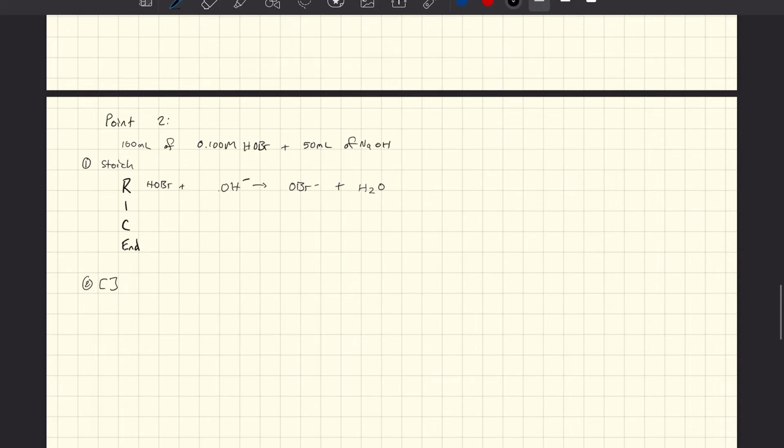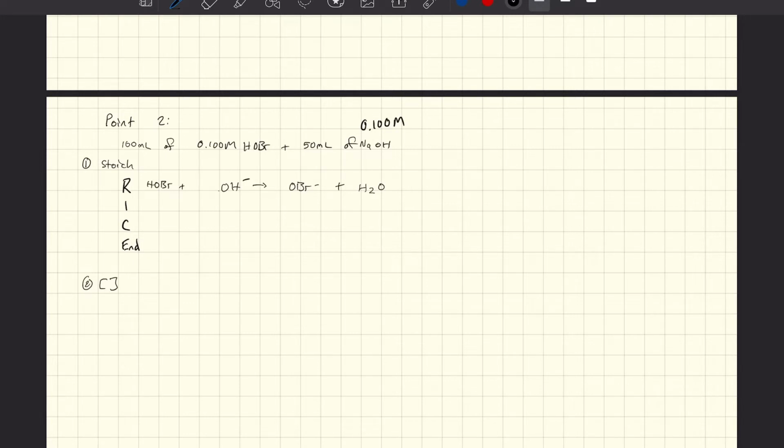Now 50 milliliters of 0.100 molar hypobromous acid plus 50 milliliters of a 0.1 molar sodium hydroxide solution. The first thing we have to do is our RICE table, the stoichiometry again.